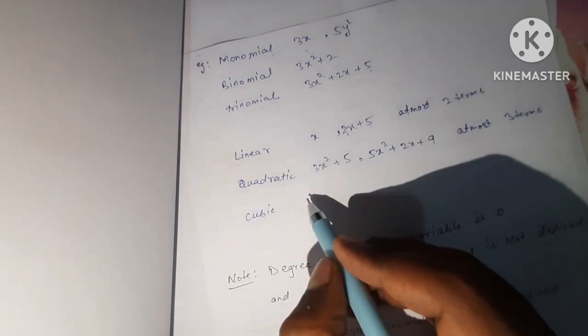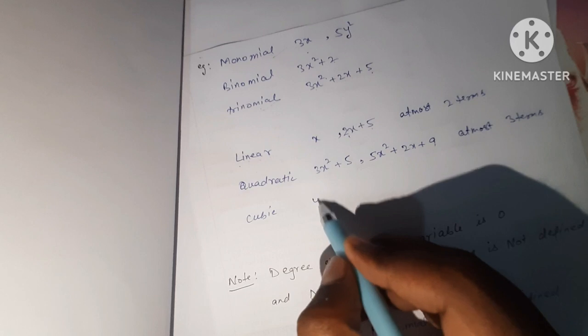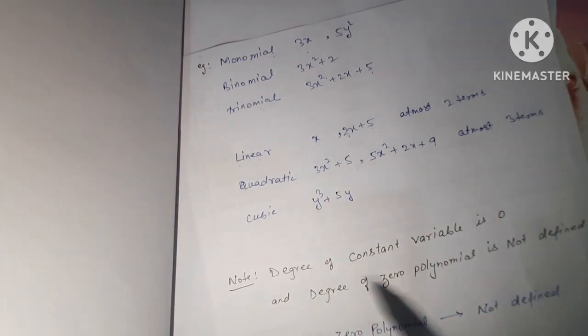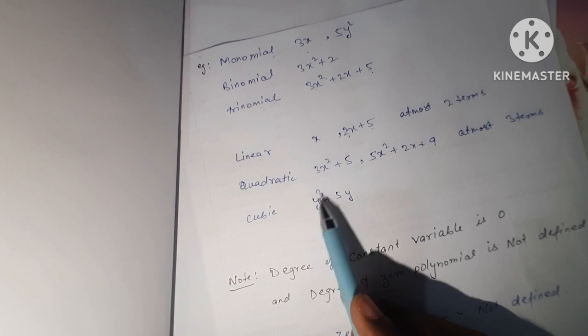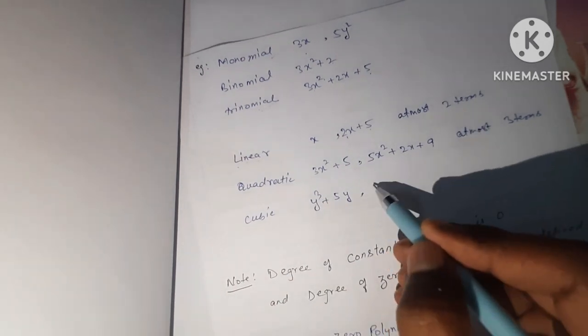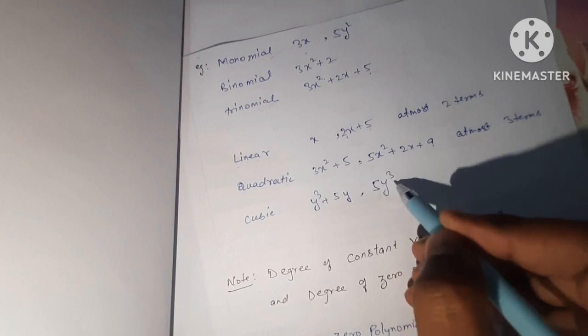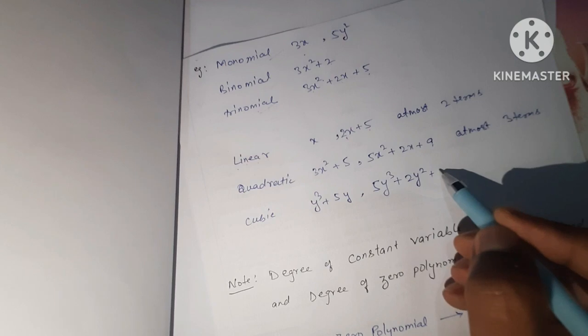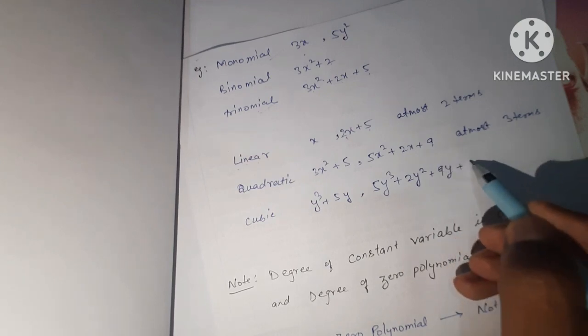In cubic, similarly, if the power of the variable is 3, then we call it a cubic polynomial, and we write, suppose, 5y cube plus 2y square plus 9y plus 8.